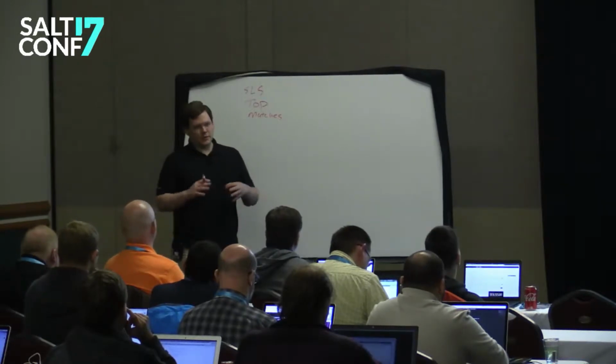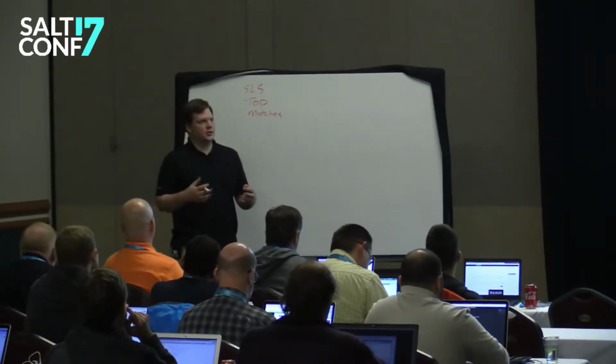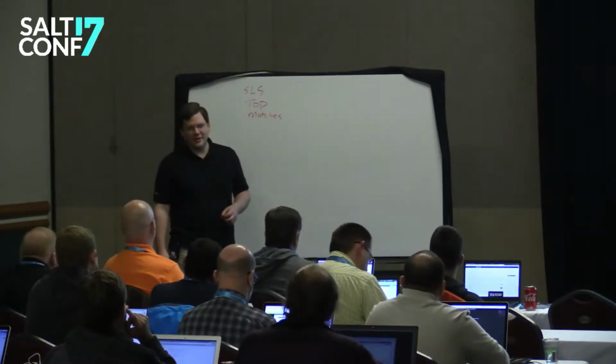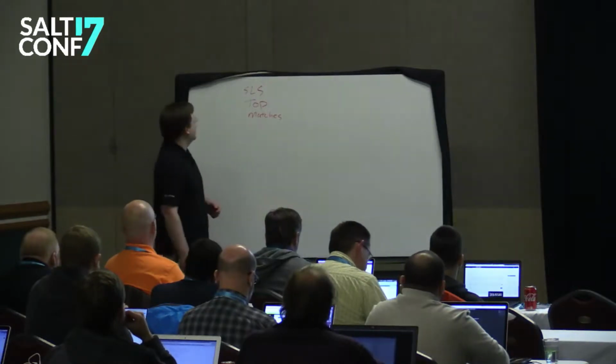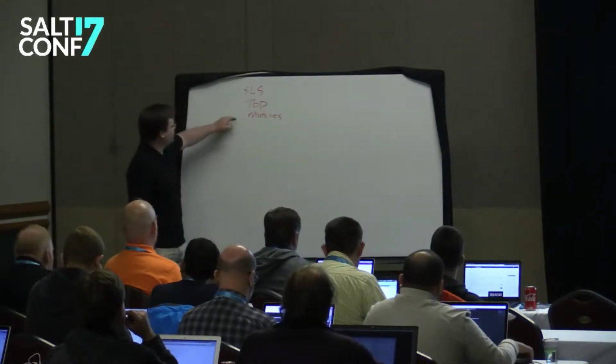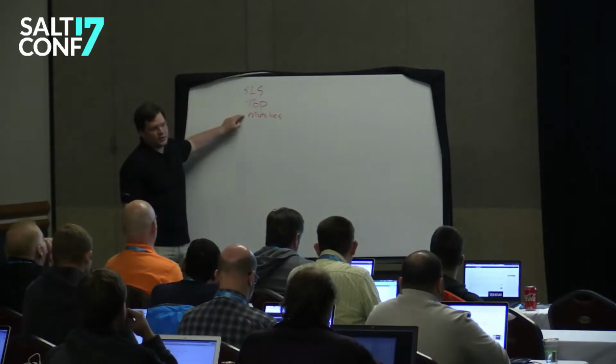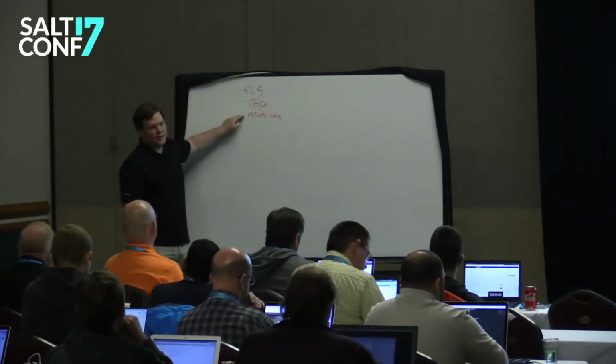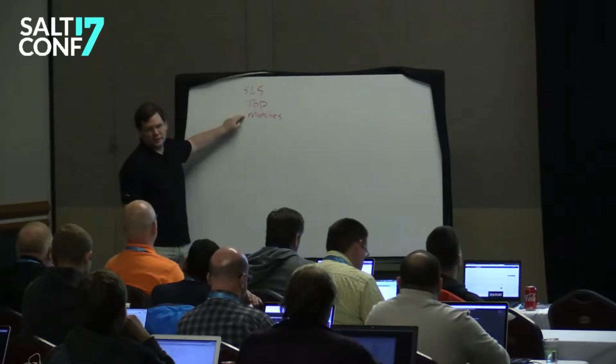For the sake of simplicity, instead of trying to express the modularity of every layer, I'm just going to go ahead and say the master. So at this point, we've got a Python dictionary that has keys of environments referencing lists of SLS references.